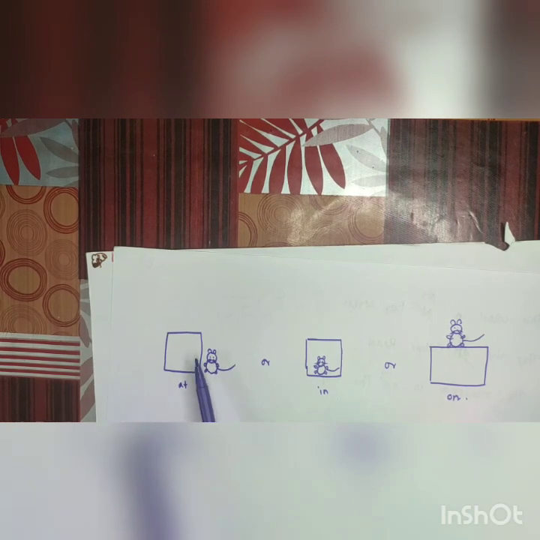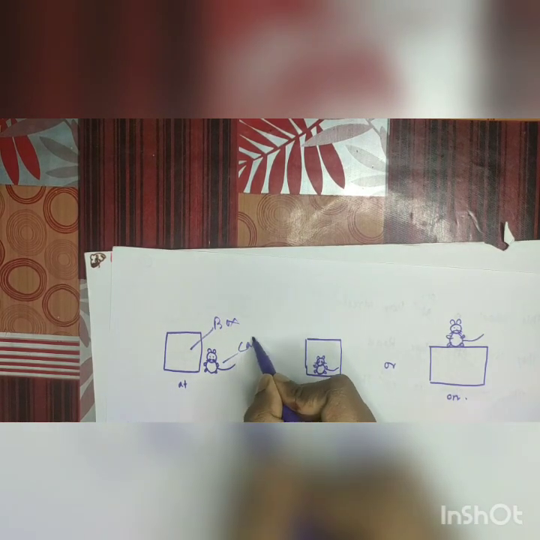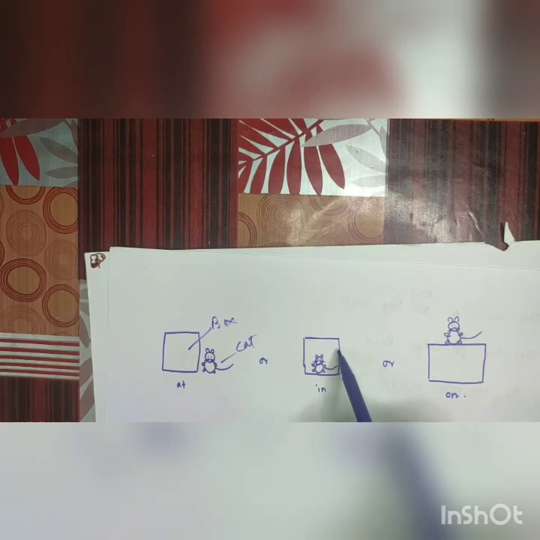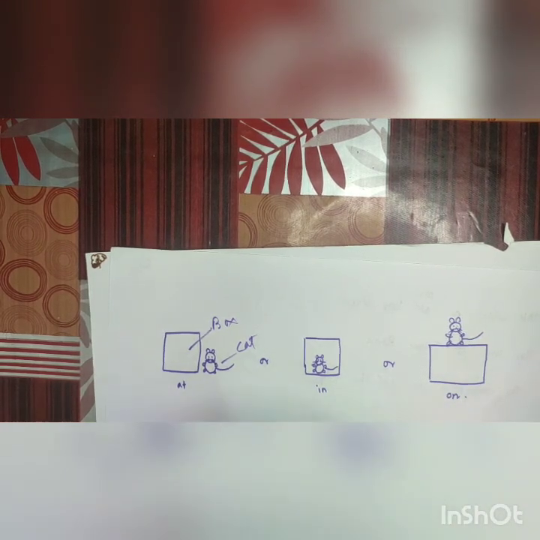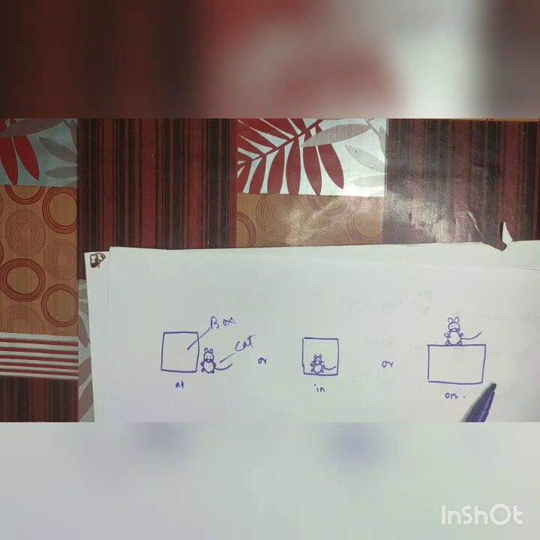So here cat is somewhere, this is a box, and this is a cat. Okay, let's assume that. Here you also see a box and the cat, and here you also see the box and the cat. But the position, so the place in which the cat is, is different in 3 different boxes.